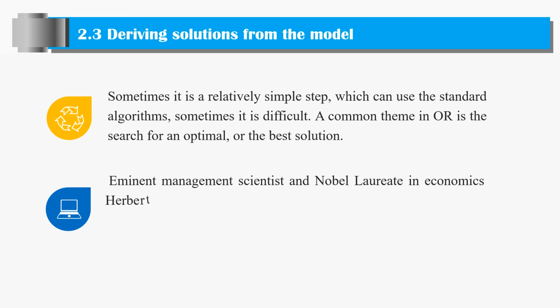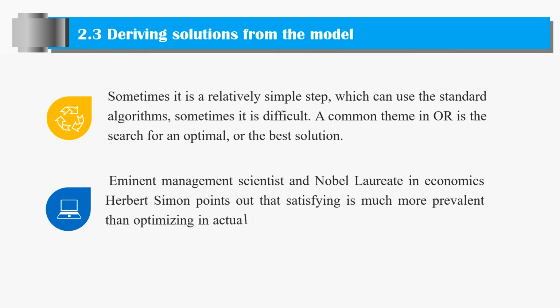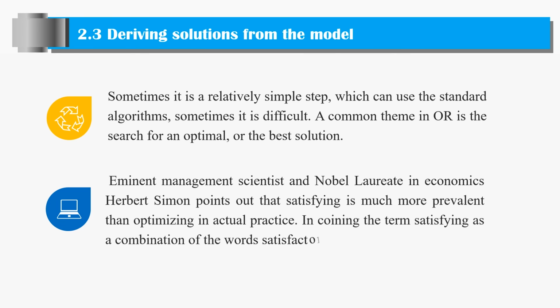Eminent management scientist and Nobel laureate in economics Herbert Simon points out that satisficing is much more prevalent than optimizing in actual practice. He coined the term satisficing as a combination of the words satisfactory and optimizing.